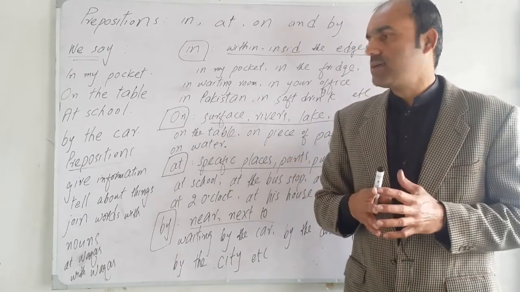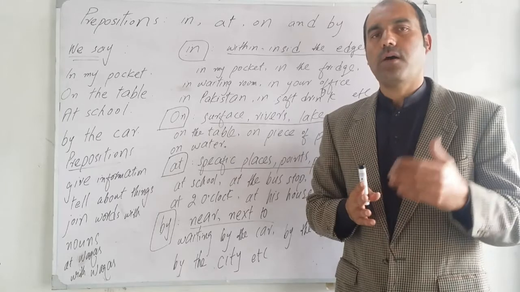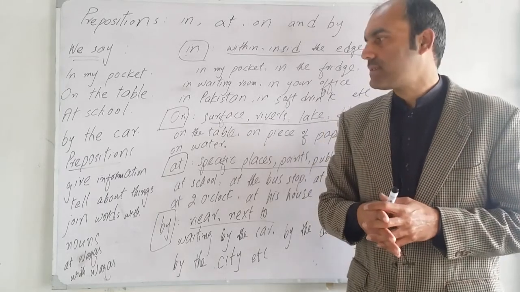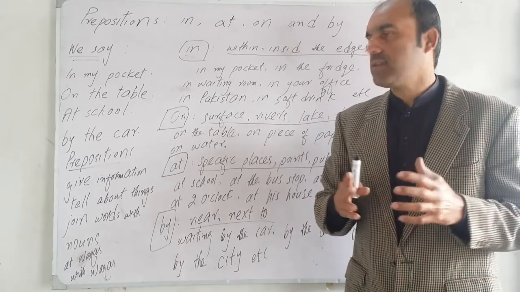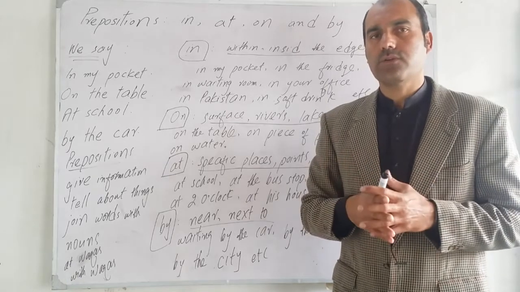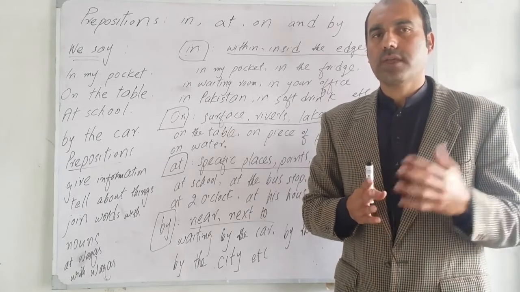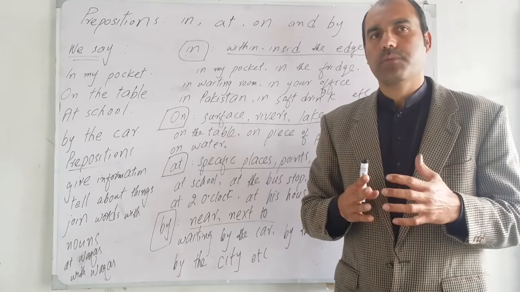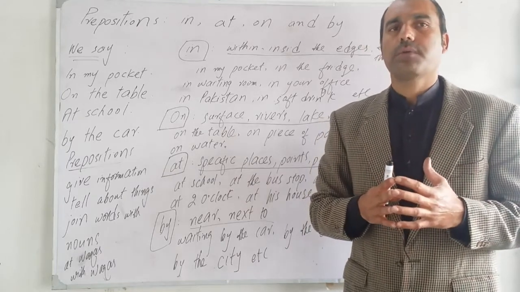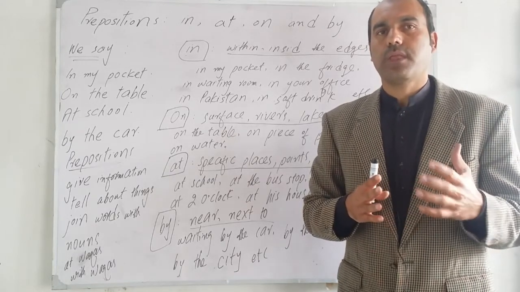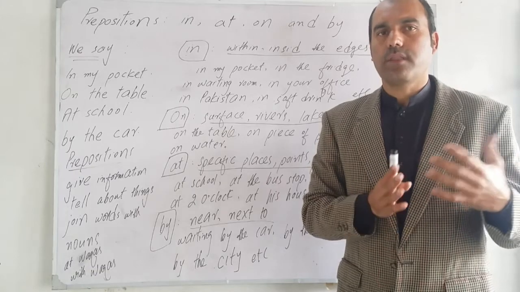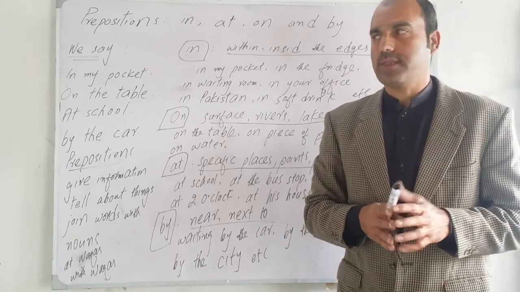They often join a noun with other words in the sentence and tell us about things. So you can define prepositions this way: prepositions are words which give us information, tell us about things, and join nouns with other words in the sentence.